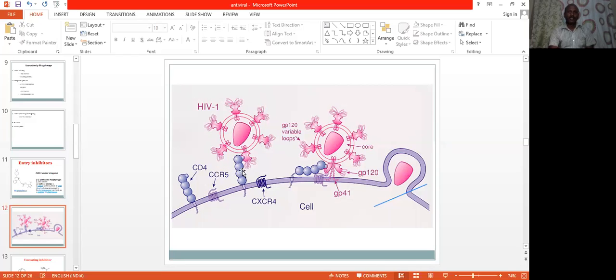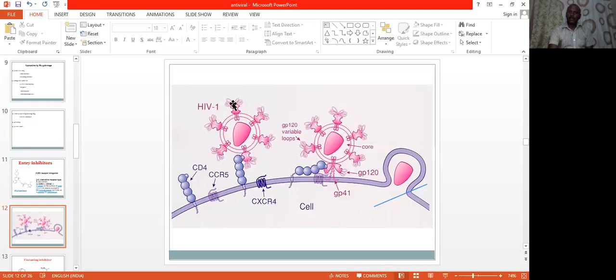Once the conformational changes come, the virus particle binds to the CCR5, and then the virus particle diffuses. This is how CCR5 receptors help the virus particle to diffuse into the host cell.